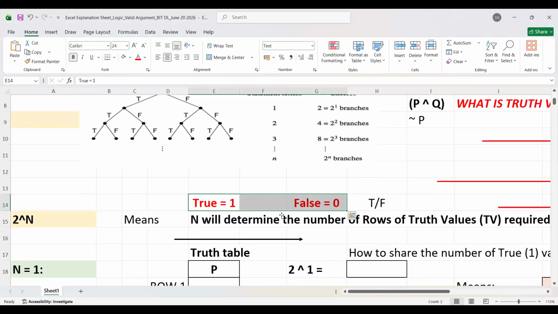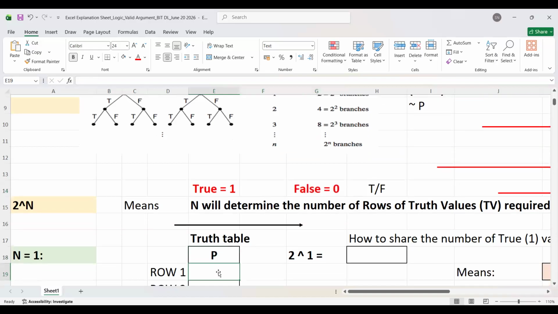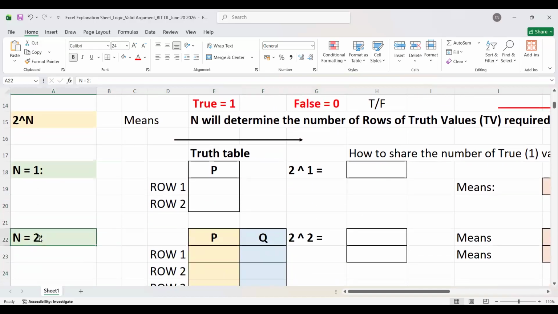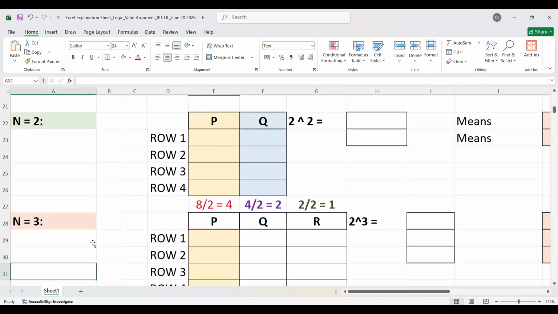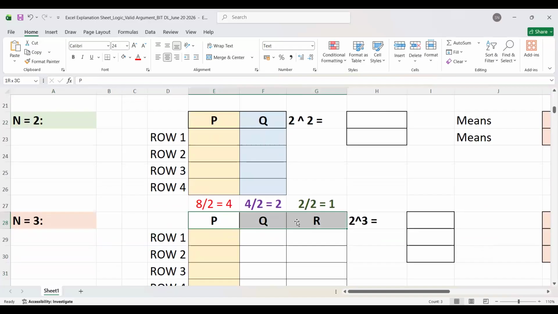The n stands for the number of propositions you are joining. If you have one proposition, I'll use P. When I have two propositions, n is equal to 2, I'm going to use P and Q. When I have 3 propositions, I'm going to use P, Q, and R. That is how we develop the table for the truth table.